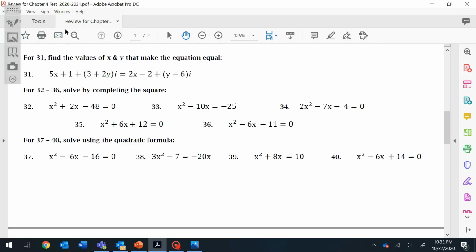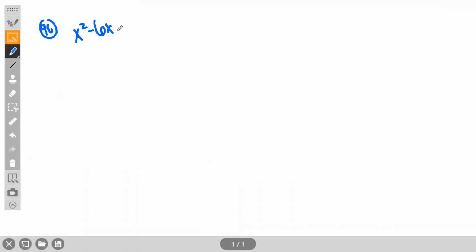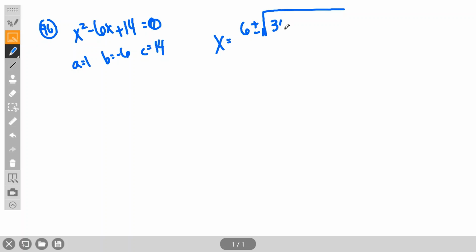And then 40, x squared minus 6x plus 14 equals 0. So a is 1, b is negative 6, c is 14. Quadratic formula, x equals negative b, so 6 plus or minus the square root of b squared, so 36, minus 4 times a times c, so 4 times 1 times 14, which is 56, all over 2 times a, and a is 1, so all over 2.